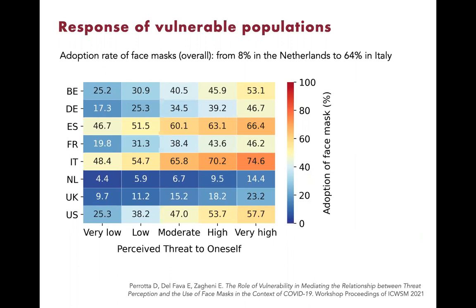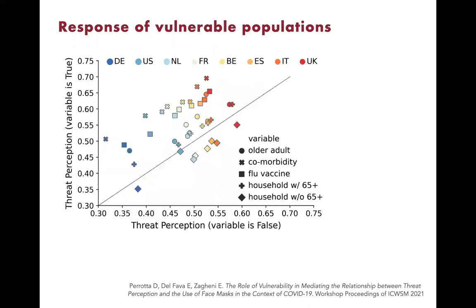And we observed that the adoption rate of face masks increased substantially as the threat perception increased. If we look, for example, at Germany, the adoption of face masks increased from 70% for respondents who perceived very low threat to 47% for respondents who perceived very high threat to themselves.